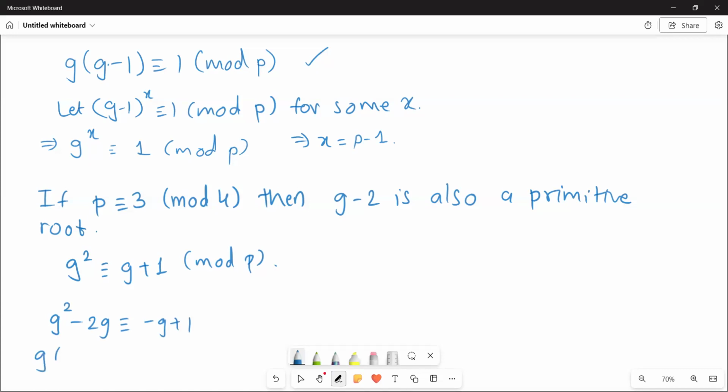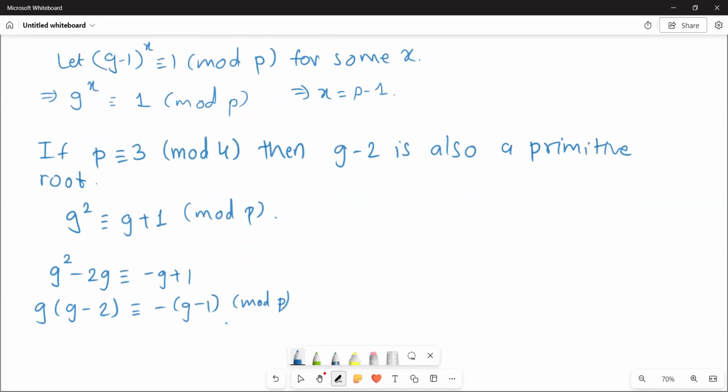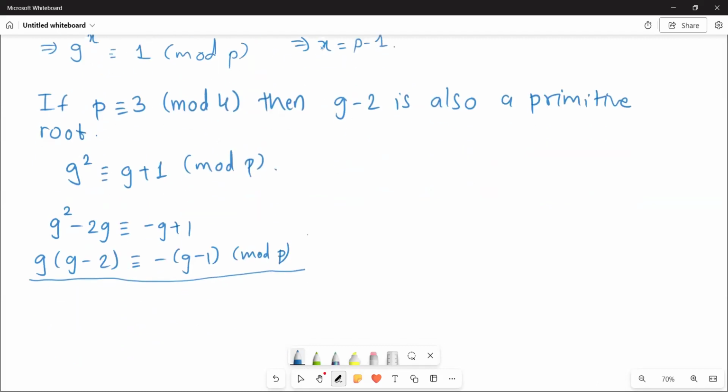So g times g minus 2 is congruent to this. Can you finish it now? Something similar to the first part.